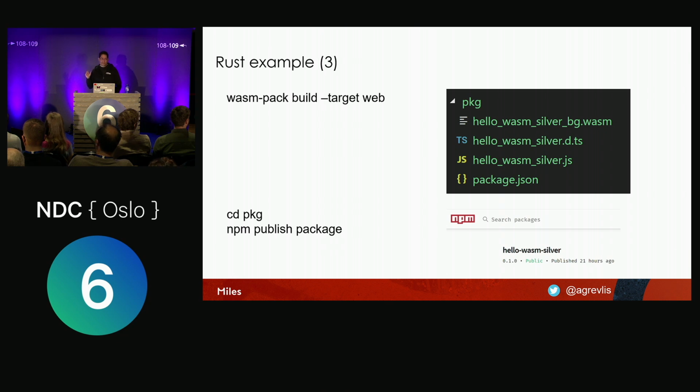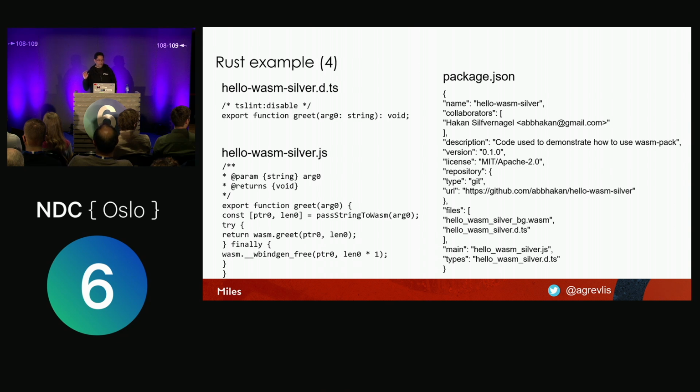We get a folder structure called pkg, and we will have a look at what that contains shortly. Then we can just do as we would with any other regular npm package: we use npm publish, and then we will have our package up on npm, as we can see here, the hello-wasm-silver package that we've created.